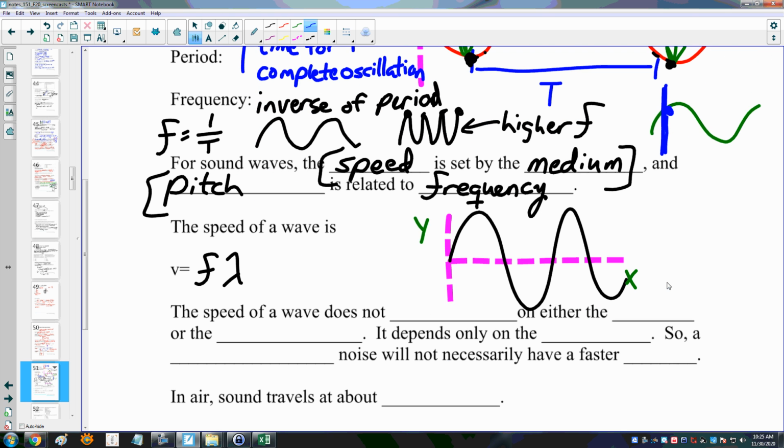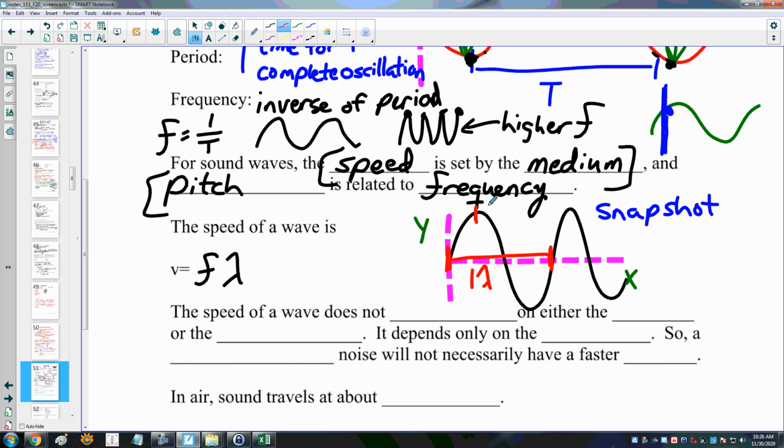Whereas this graph, a snapshot graph, shows the wave at a particular moment in time, not over a length of time, and then it shows the positions on that wave in that moment in a two-dimensional frame in the X versus Y. I show you that because we need to know it in order to find the wavelength. The wavelength of a plot of a wave starts at one point and goes to that same point. So this is one wavelength.